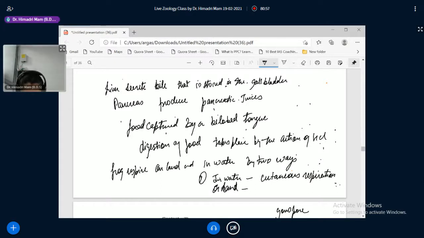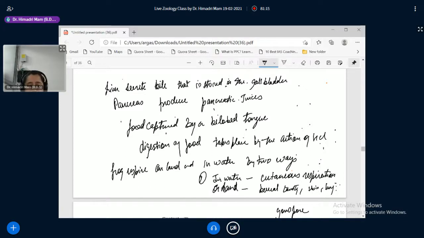On land, we have buccal cavity, skin, and lungs. Right, so this is what we have.